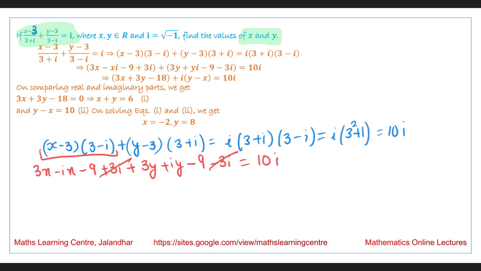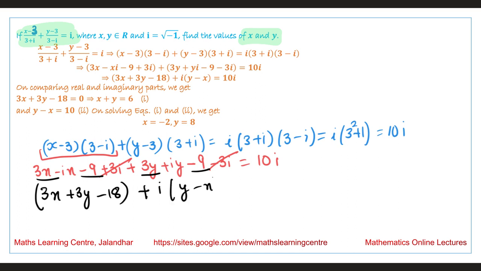If we write them in the form 3x plus 3y minus 18, this is the real part, and for the imaginary part, taking i common, it is (y minus x) i, equal to 10i.